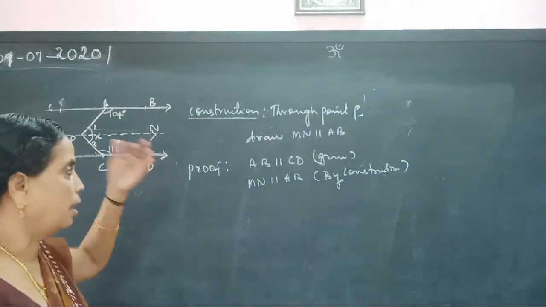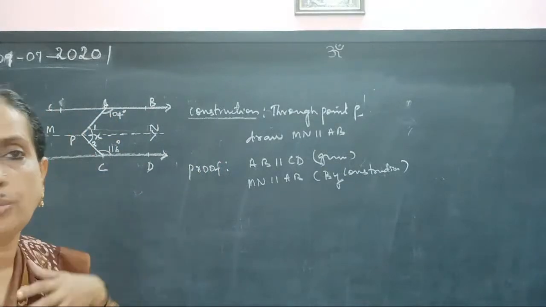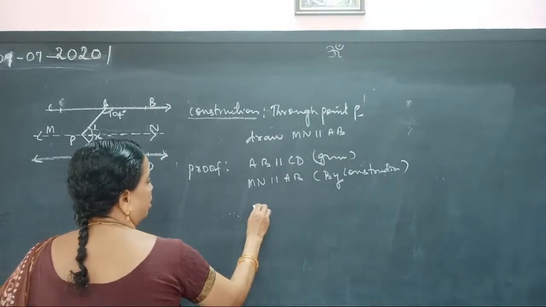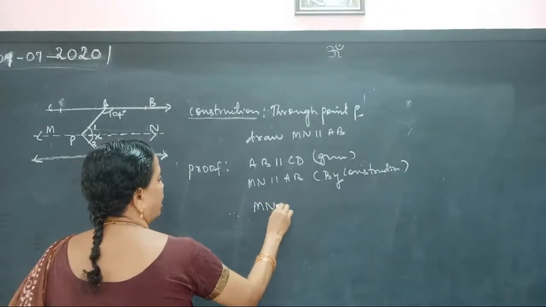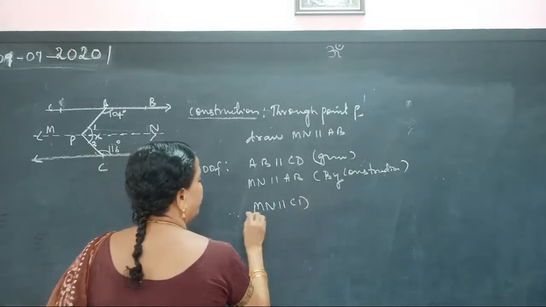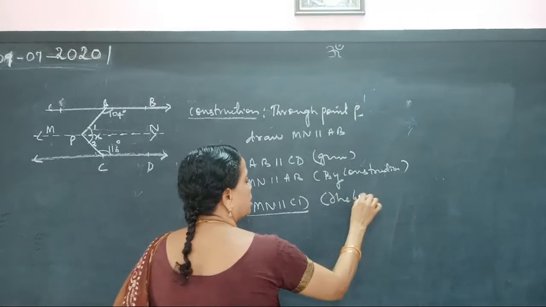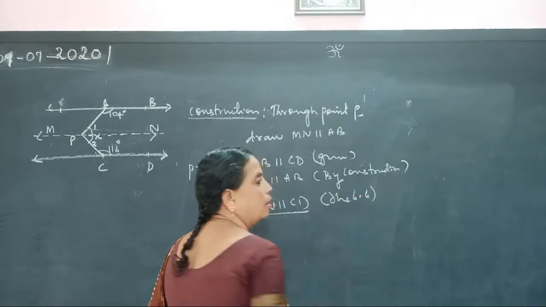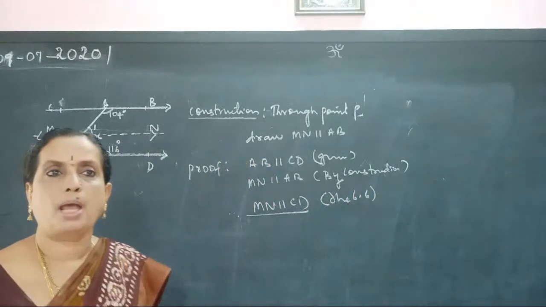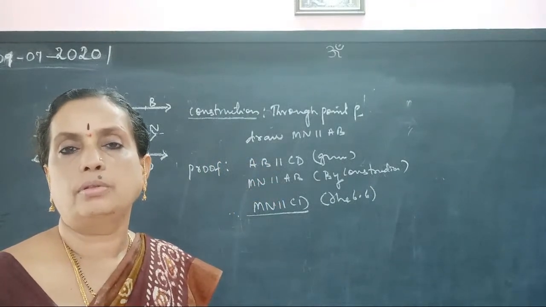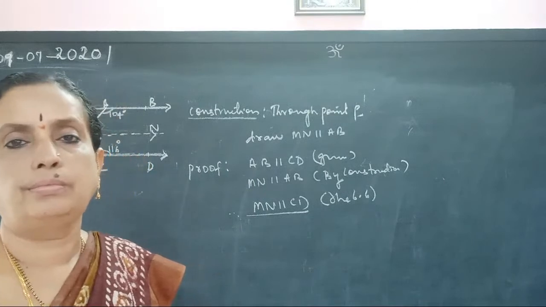By construction, we did MN parallel to AB. Therefore, what can we say? MN parallel to CD, according to theorem 6.6: lines which are parallel to the same line are parallel to each other.